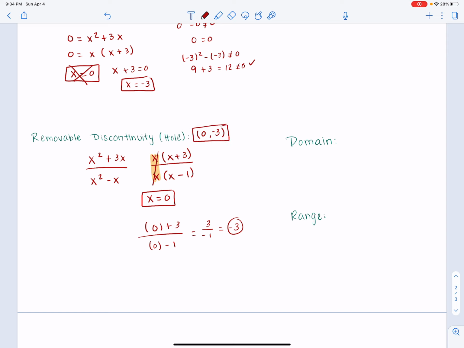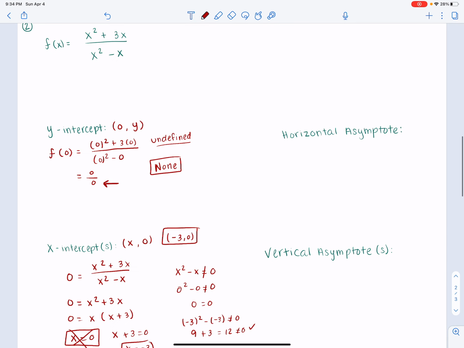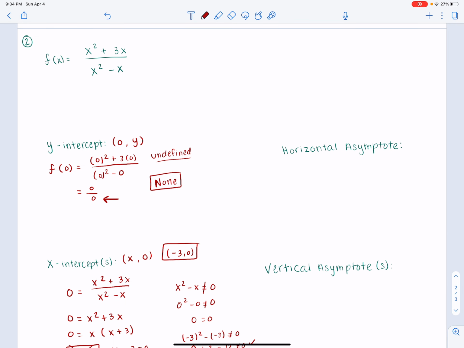Okay. Now, to talk about the horizontal asymptote, I look at the degrees. These are the same. So again, we're using the EATS DC. If the exponents are the same, you divide the coefficients. So my coefficients are 1x squared over 1x squared, so I have an asymptote where y equals 1.